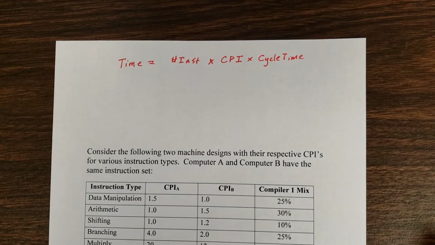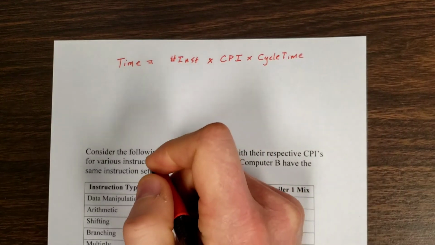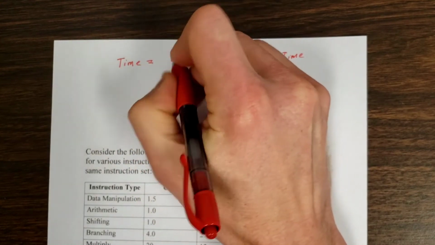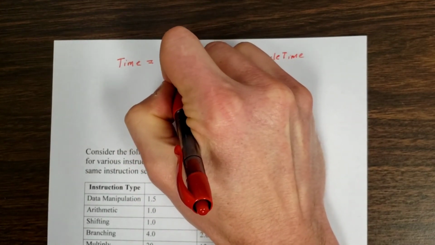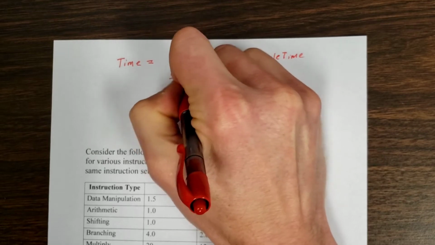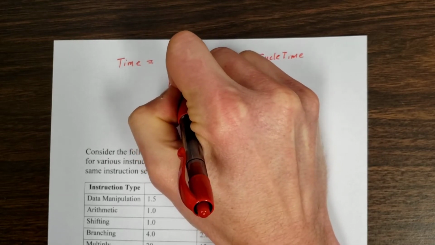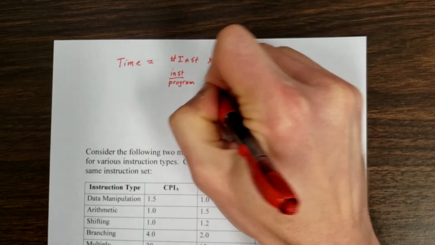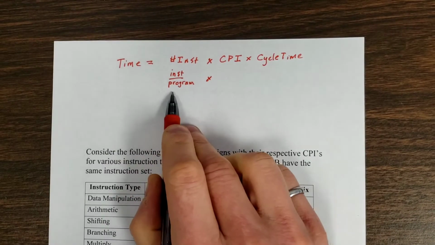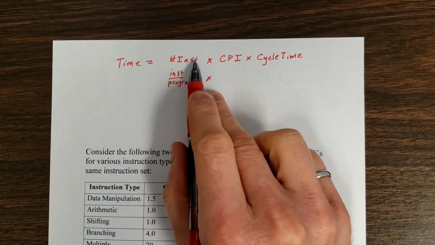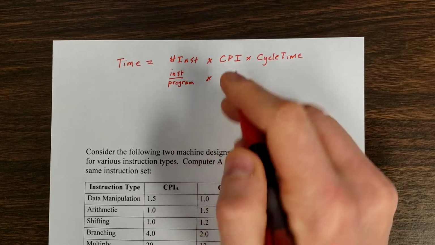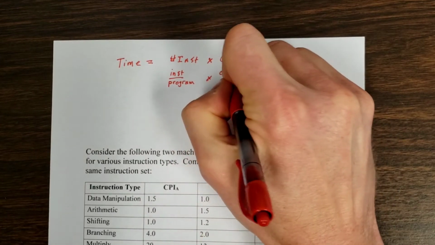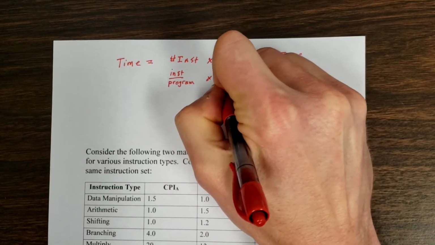So if you actually analyze the units on these, we'll see that the number of instructions is going to be in units of instructions per program. Cycles per instruction are going to be the cycles per instruction.